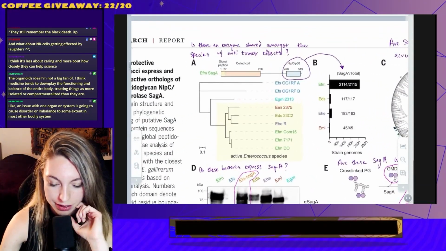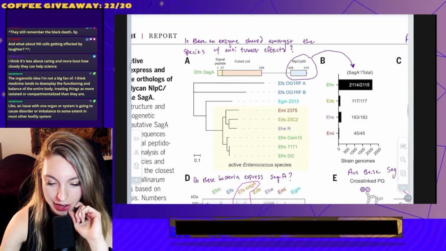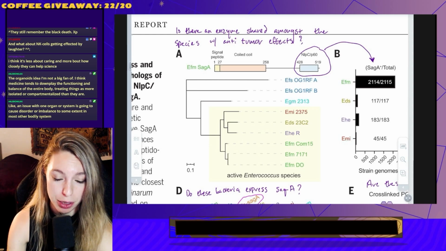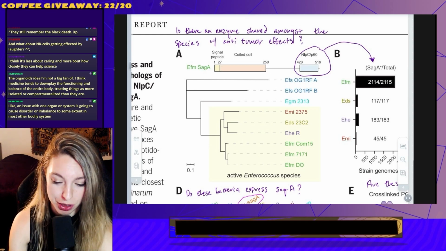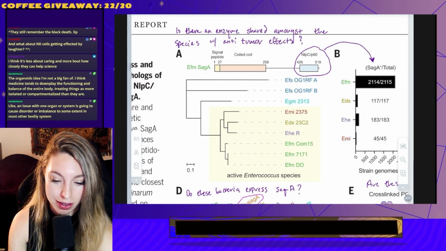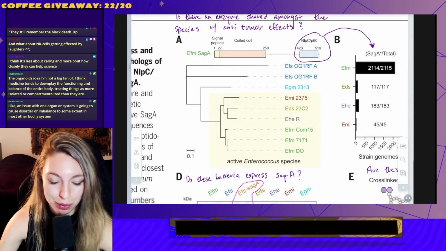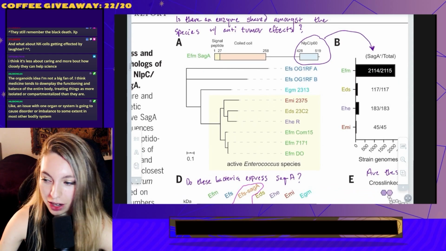So then they were like, is there an enzyme or is there something in all of these bacteria that helps the tumor respond better? Is there some protein or something that's shared amongst all of them that might have anti-tumor effects? And so they do some complicated genetics that we don't need to talk about.